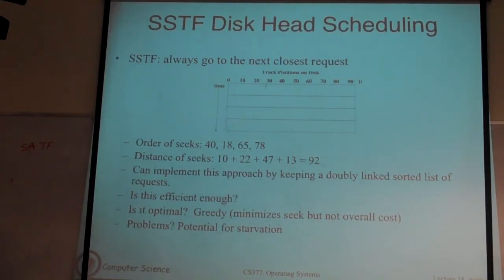From my current position, I compute how much time the seek and rotational latency will take to go there or here or here, and then I find the nearest block by that measure, not just by how long the seek takes. Clearly that's a more complicated technique because you have to take into account that the disk is spinning. When you arrive at a track, which sector will I be on, how much rotational latency will it take me? All of this has to be figured out.